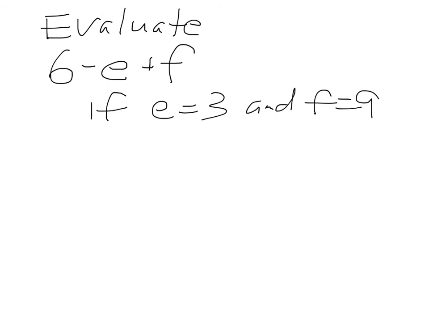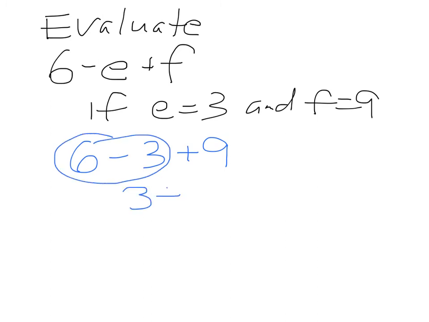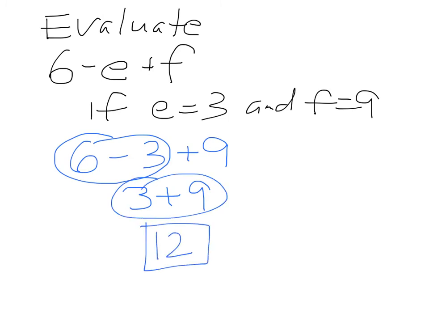All right, let's see how you did. If you did it right, you did 6 minus 3 plus 9. 6 minus 3 is 3, plus 9 is 12. So you should have gotten 12 as your answer.